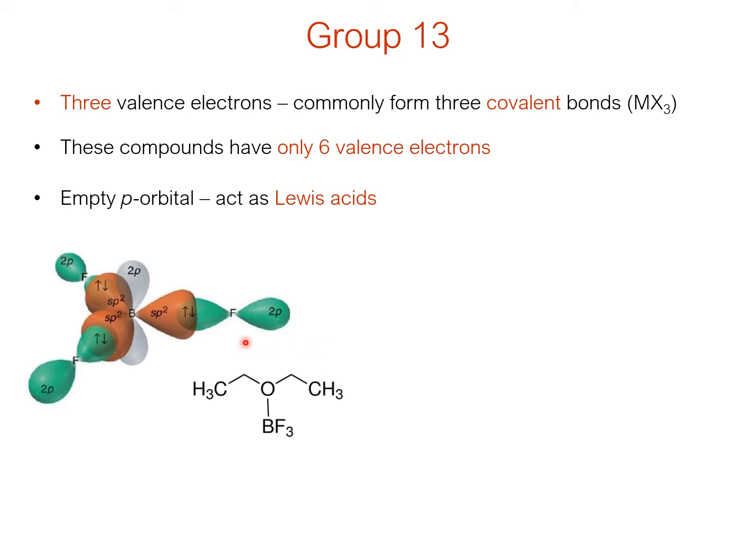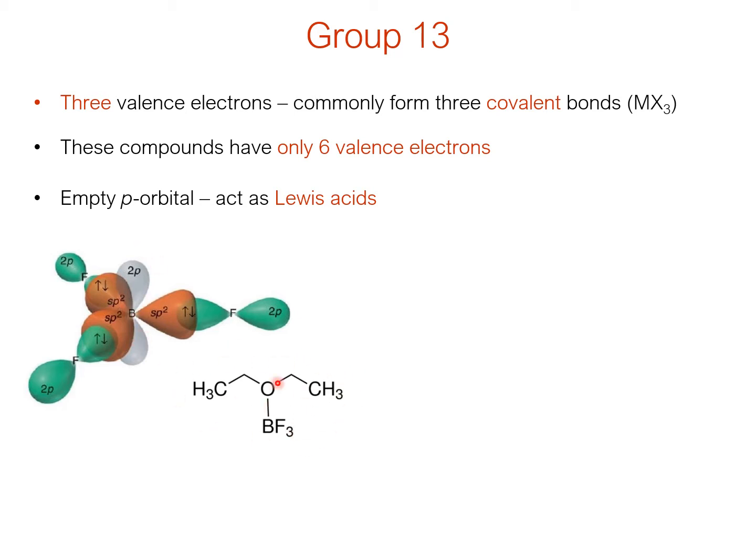And we can see here an example of BF3 and the empty p orbital, and an example of a Lewis acid Lewis base adduct. And we've touched on this before when we were looking at the boranes, which was exactly the same as this. It was BH3 instead of BF3, and one of the questions actually was how it interacted with pyridine, which is a Lewis base much like this ether is. And exactly the same thing happened.